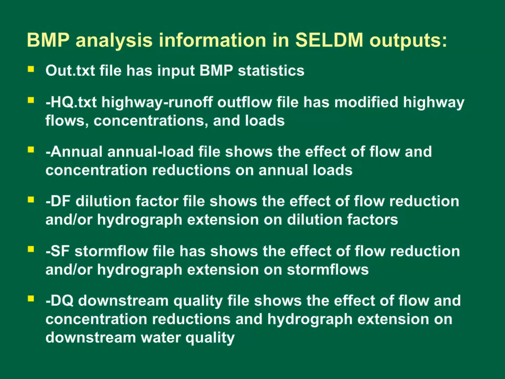The -DF dilution factor file shows the effect of flow reduction and/or hydrograph extension on dilution factors. The -SF storm flow file shows the effect of flow reduction and/or hydrograph extension on storm flows. The -DQ downstream water quality file shows the effect of flow and concentration reductions and hydrograph extension on downstream water quality.